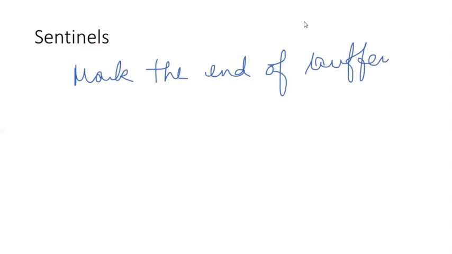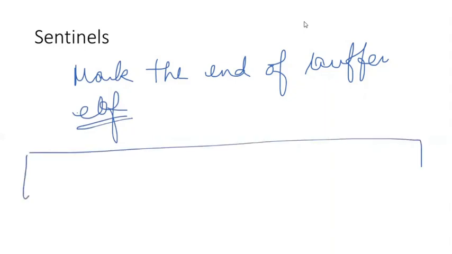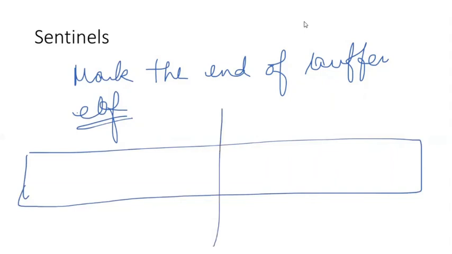So what better symbol than EOF to mark the end of the buffer? So we will use this symbol, the end of the file, as a sentinel. Again, if I just draw the same buffers, this is the first buffer and the second buffer.